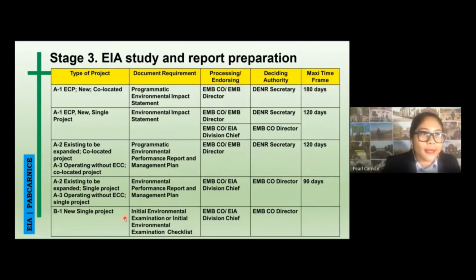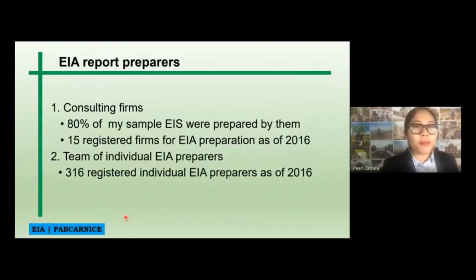The EIA report preparers are actually a group of people and it is not done by a single person. As we discussed last meeting, and I think for sure you already scanned through the DAO, DAO 30-03, the EIA preparer is actually composed of experts.